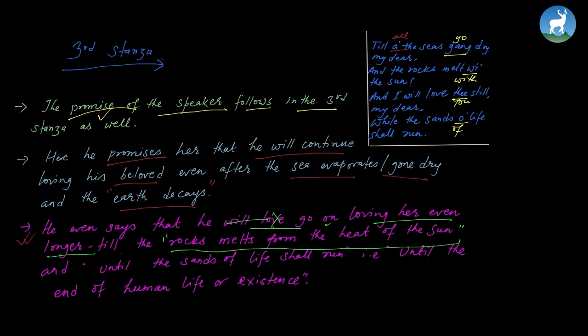And he even goes further and elaborates his love towards her, that he will love until the sands of life shall run. That is, until the end of human life or human existence, the speaker will love her no matter what.